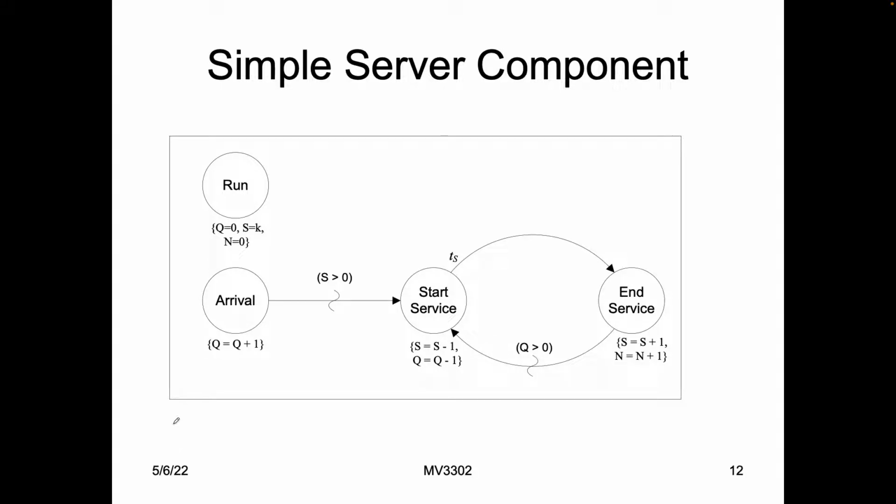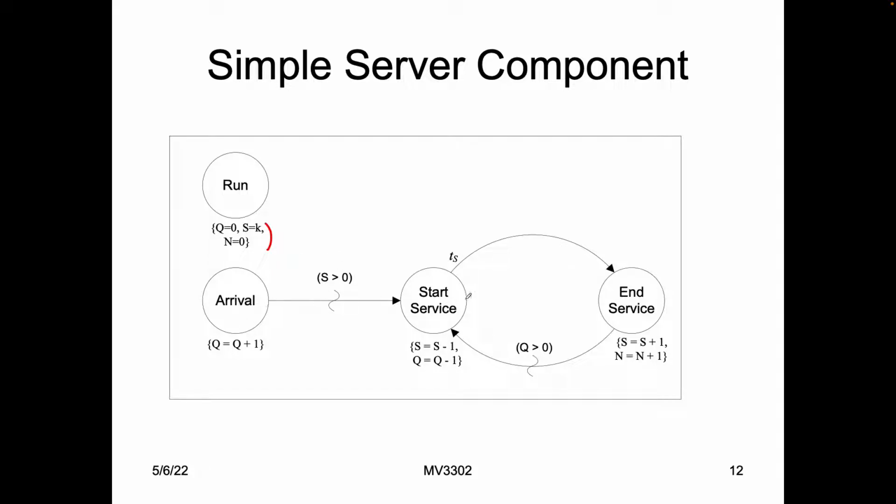And the component now looks like this. Okay, now notice what's missing. What's missing are the self-scheduling arrival events. So it has a run event which initializes its 3 state variables.